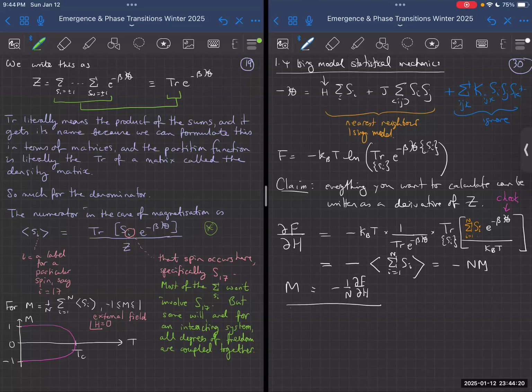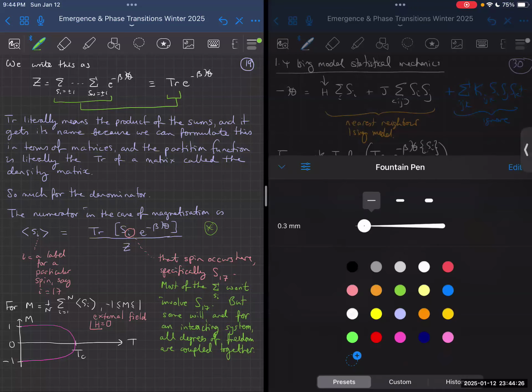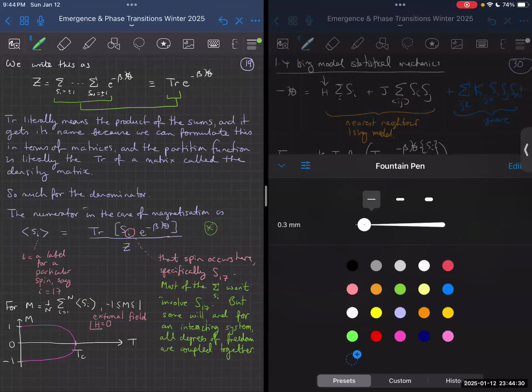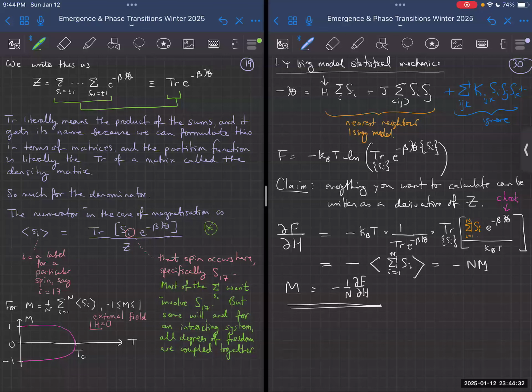So if I want to compute the magnetization, I just differentiate the free energy with respect to h. And so now what does that mean for our phase diagram?